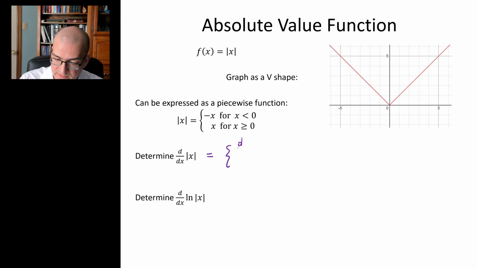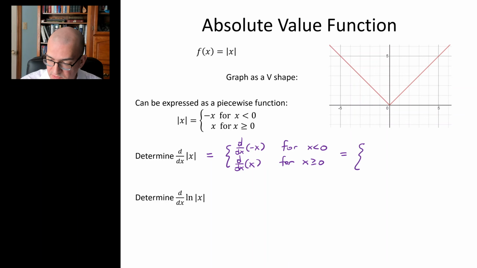I'm going to take the derivative of -x if x is less than 0, and that's equal to the derivative of x for x greater than or equal to 0. And then I can simplify each one. So the derivative of -x is -1, the derivative of positive x is +1, and that's it. That's our derivative.